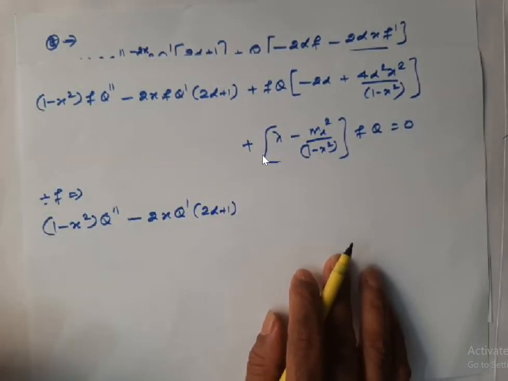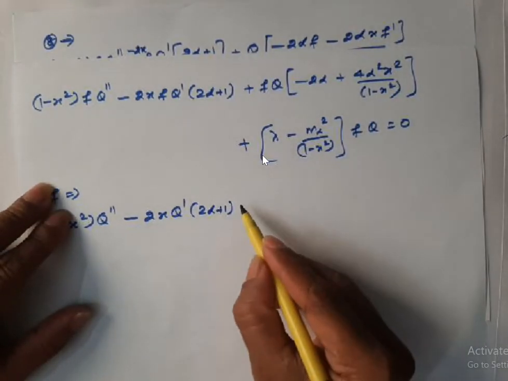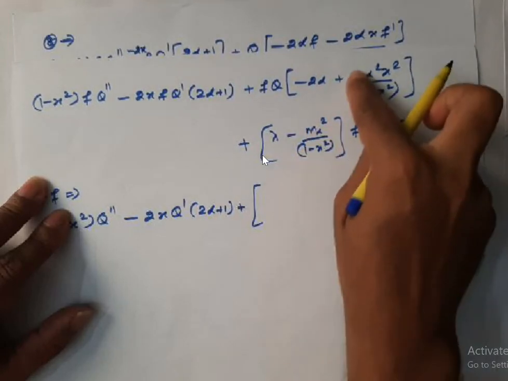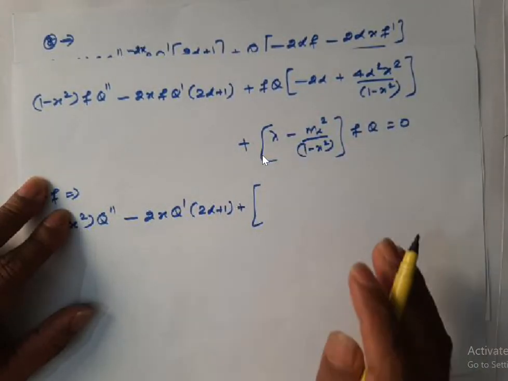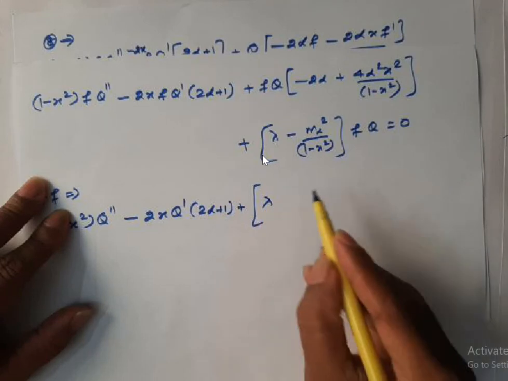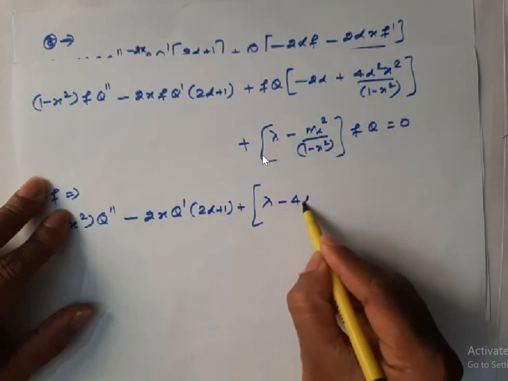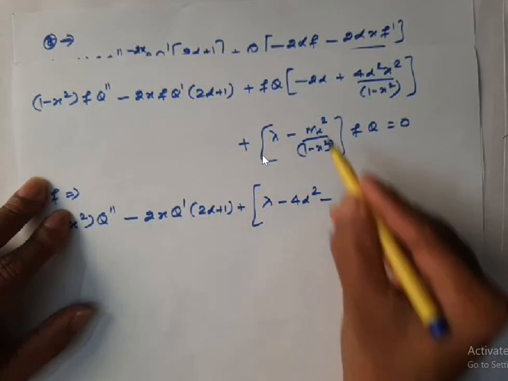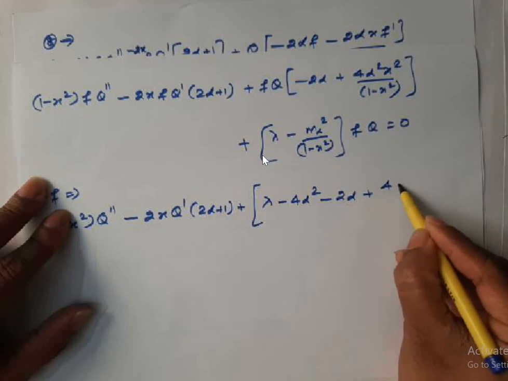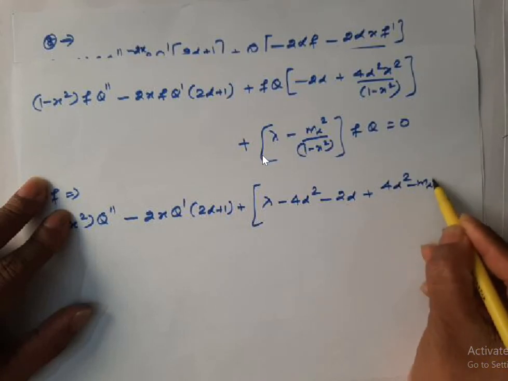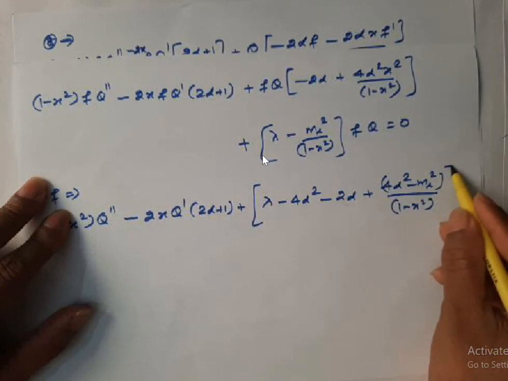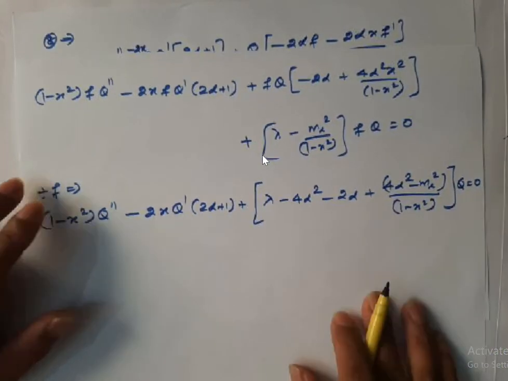I'm going to combine these two terms in this manner: I'll put the lambda term as such, then the minus 2 alpha term, then I'll write the term like this: 4 alpha square minus ml square by 1 minus x square into q equal to 0.